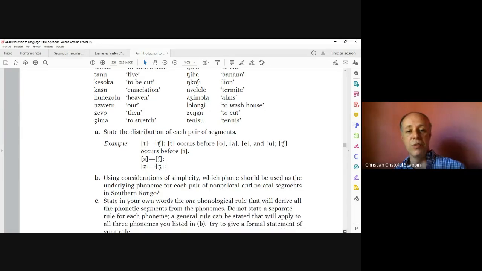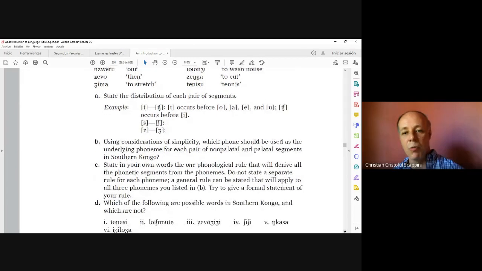B says, using considerations of simplicity, which phone should be used as the underlying phoneme for each pair? Too many technical words. It is asking which one is the phoneme. The phoneme is the one that occurs everywhere, the elsewhere. For example, between T and Ch, which one is the phoneme?